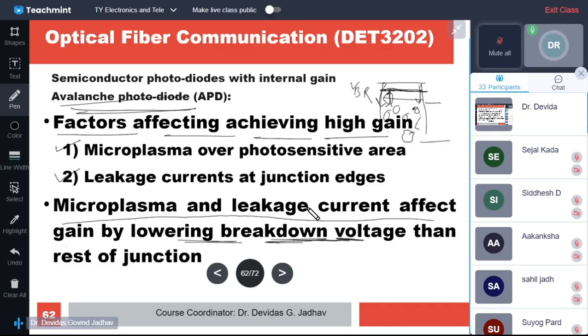And we do not want the breakdown because we are biased such that the voltage has not reached the breakdown voltage. It is slightly less than the breakdown voltage, but due to these reasons it will break down. So breakdown voltage is lowered and that affects the gain.